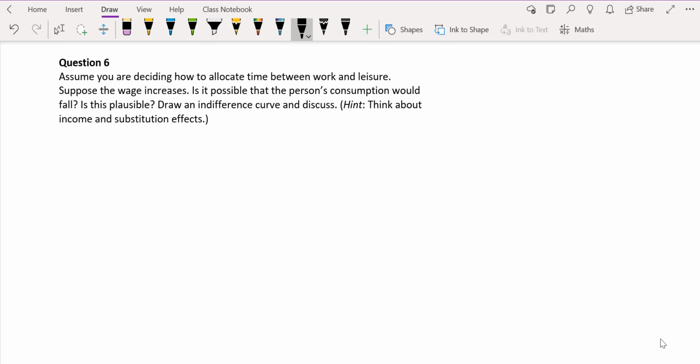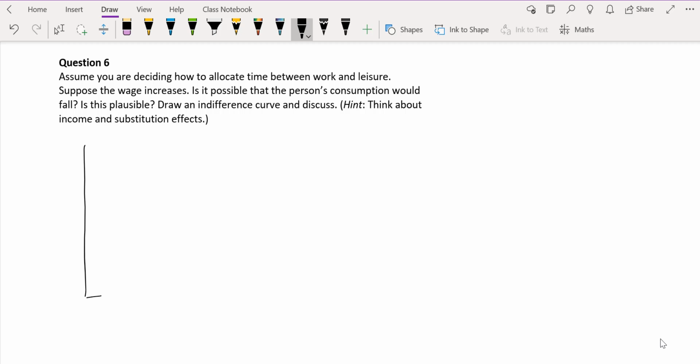So assume you are deciding how to allocate time between work and leisure. So we're going back to the work-leisure trade-off. Suppose the wage increases. Is it possible that the person's consumption would fall? Very interesting. Well, it could be.